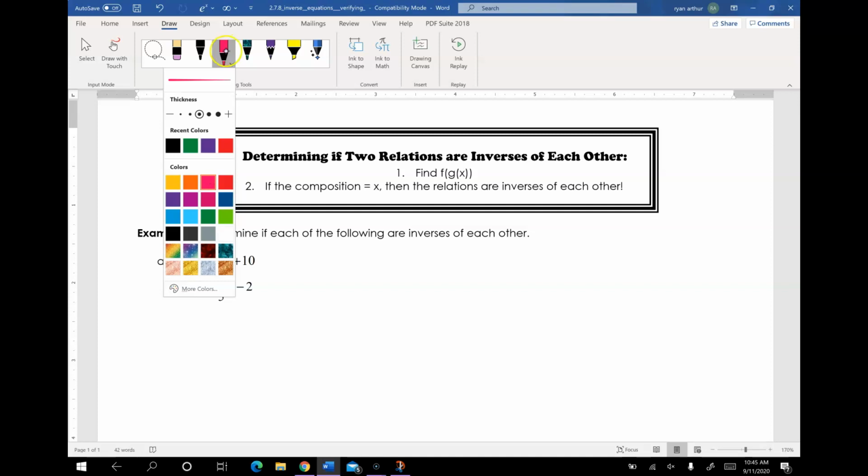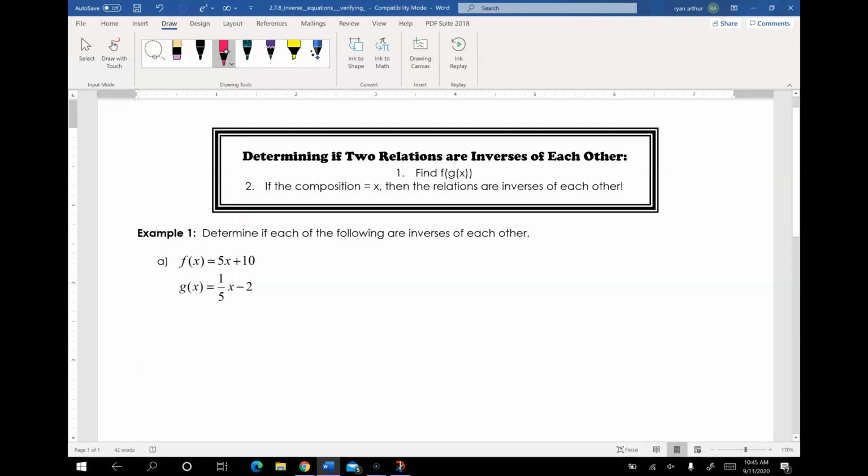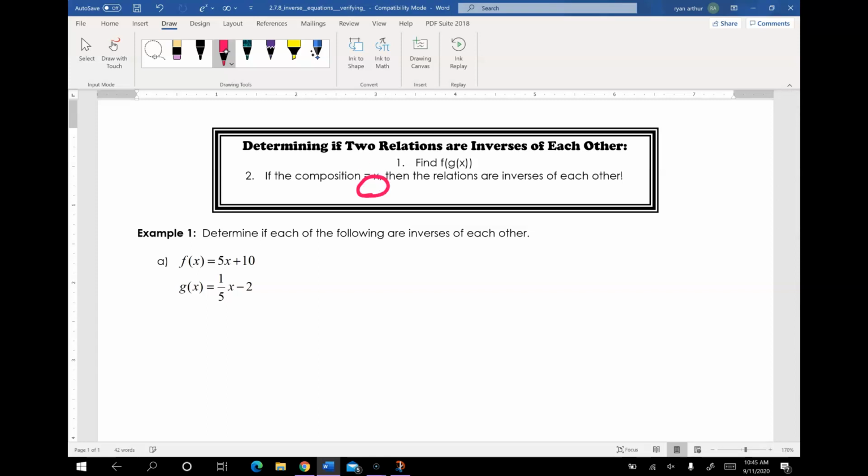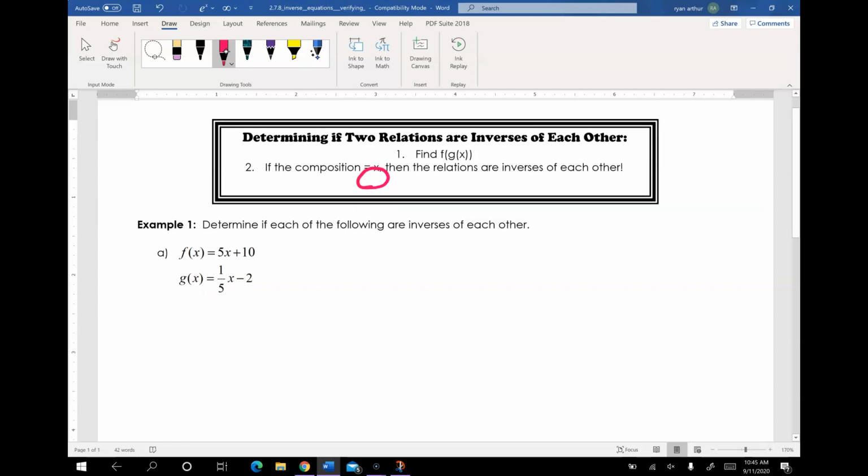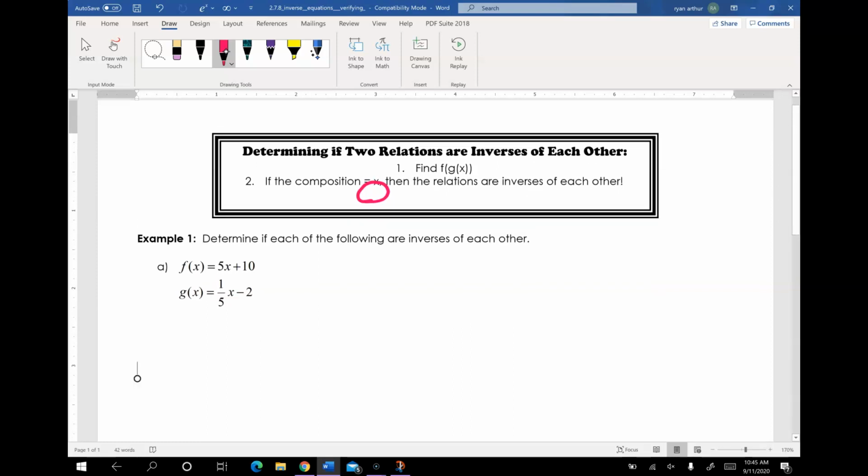But today, we're actually going to talk about what your composite function is. So when you take f of g of x, if you get the composition to be just x, then we can say that these two functions are inverses of each other, are opposites of each other, okay? So all you're doing is finding f of g of x, and if it equals x, then you're going to say, yes, these are inverses of each other. If they don't equal x, you're going to say, no, these are not inverses of each other, okay?